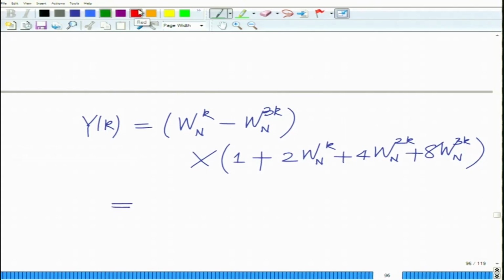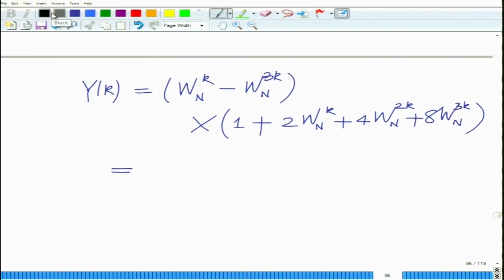Now you can simplify this as W_N^k into 1 minus W_N^{3k} plus 2 W_N^k into W_N^k, that is W_N^{2k}, minus 2 W_N^{3k} into W_N^k, that is W_N^{4k}, which is 1.